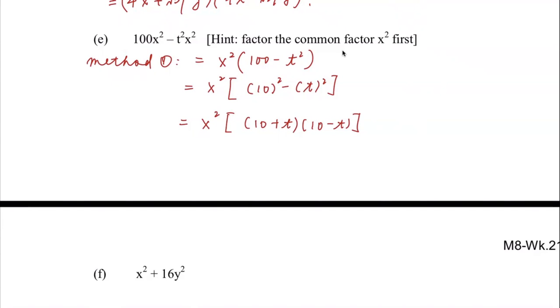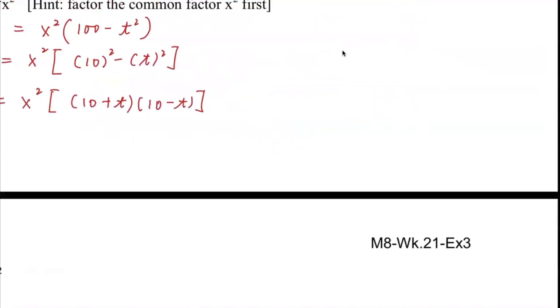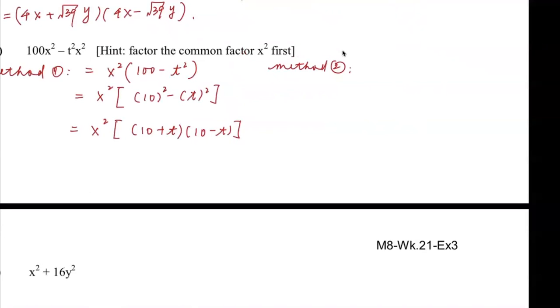Can we not factor the common factor x squared first? If we don't do that, can we still solve the question? We can. I'll write it here. So method 2. 100x squared can be written as 10x squared, right?